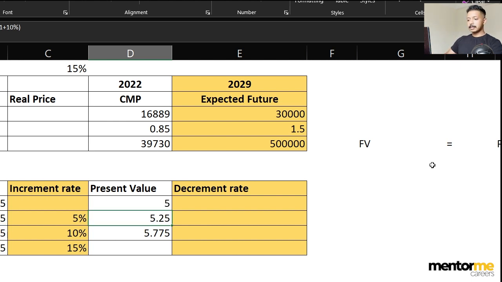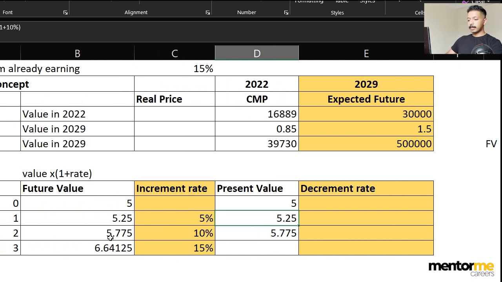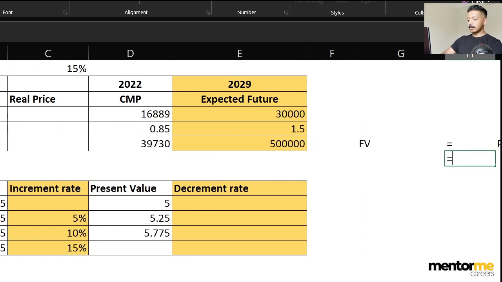But if somebody asked what would be the value of 5 rupees directly at year 3 based on 5%, then we could just use the same formula: 5 into 1 plus 5% raised to 3, and we would directly jump to the year 3 value.